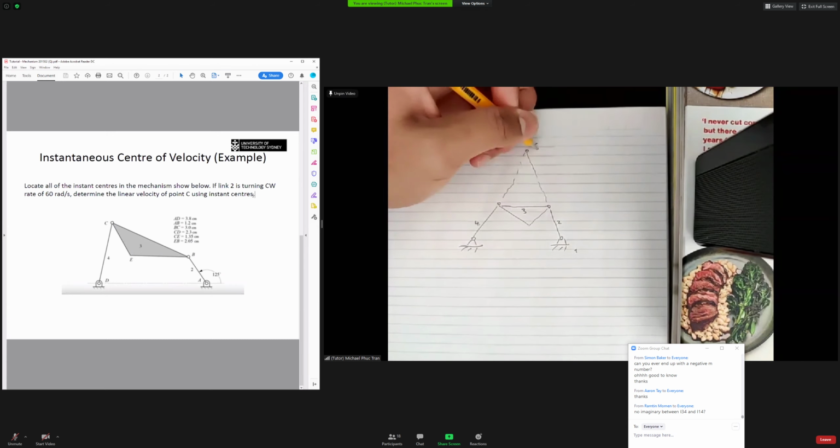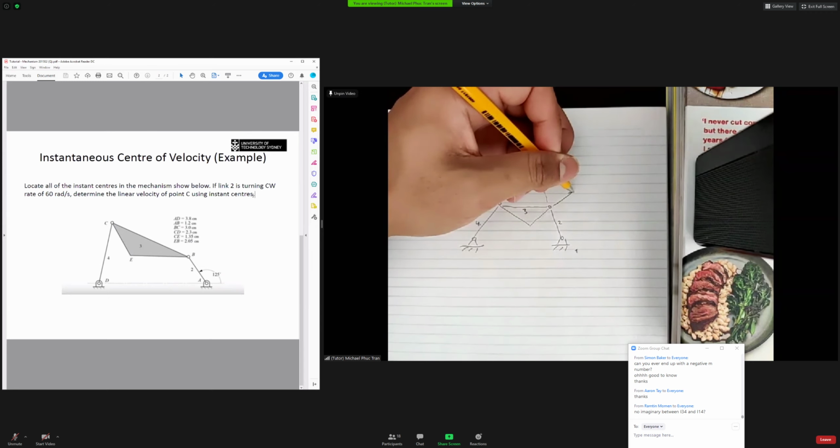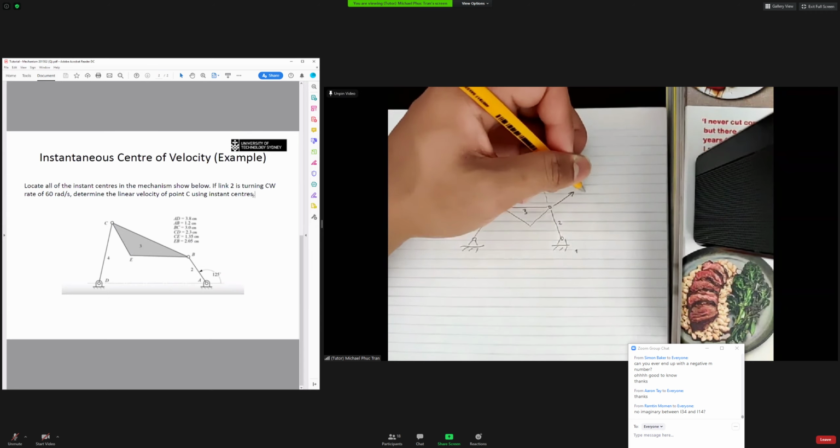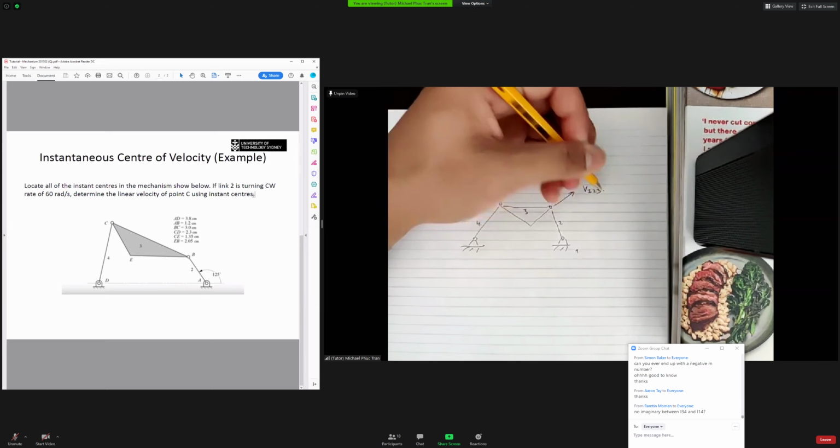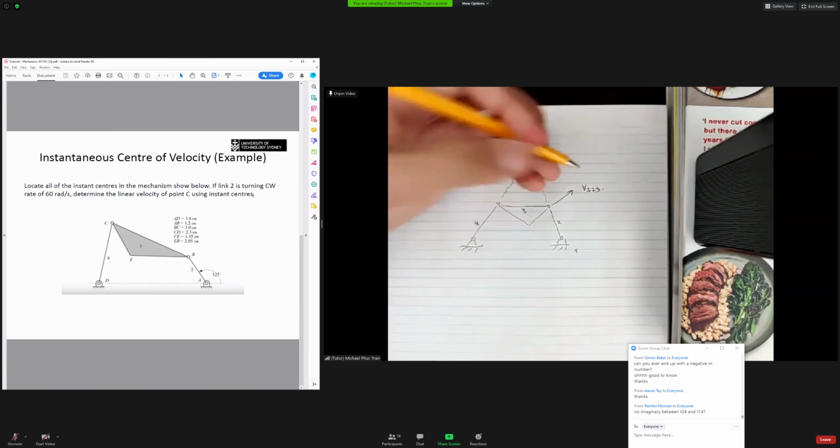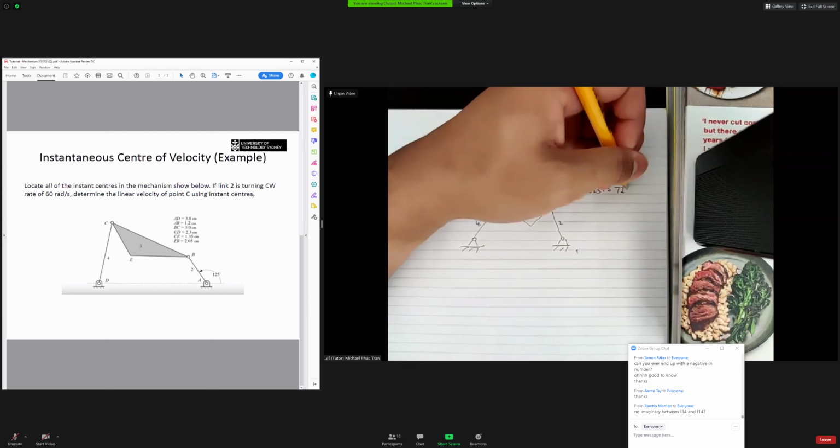So this is I13. So we know that this is going that way. VI23, or 72 centimeters a second.